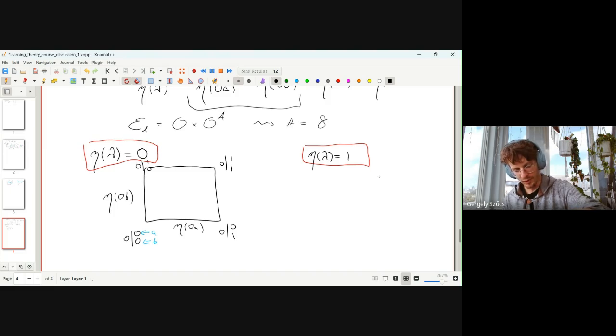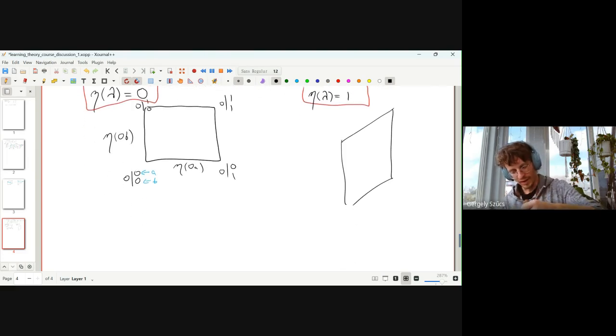I'm going to draw it rotated a little bit. Here the vertices are 1, 0, 0, 1, 0, 1, 1, 1, 0, and 1, 1, 1. So these are the 8 vertices of our polytope.